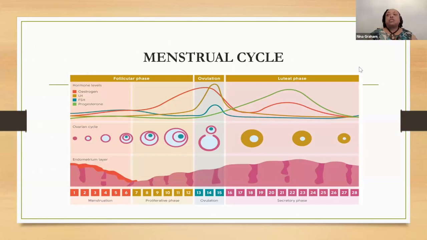So the estrogens are the hormones that dominate the follicular phase, or the phase prior to ovulation. And then the phase after ovulation is dominated by progesterone. Now, a lot of times when we talk about menopause, we tend to talk about estrogens and progesterones with respect to the menstrual cycle.